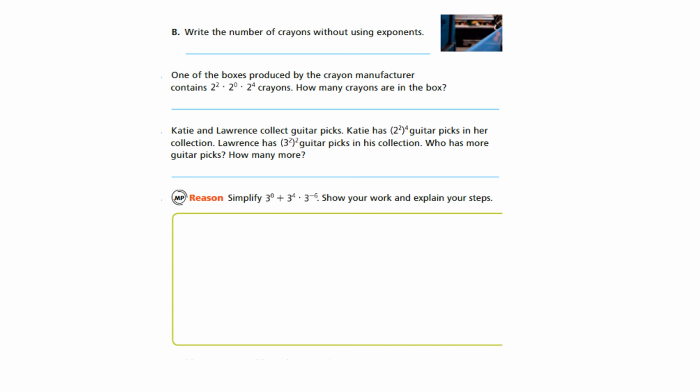So what have we studied? We studied the product property. In the product property, if the bases are the same, powers different or same, whatever, we write the base one time and we add the powers.